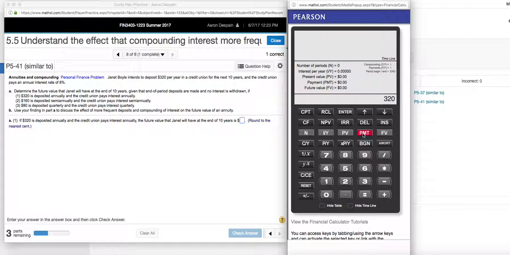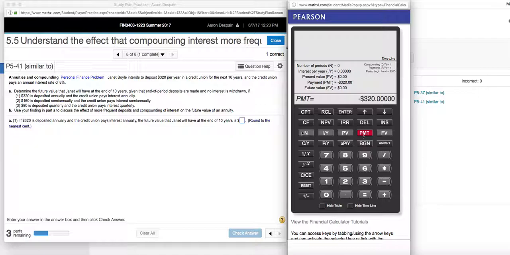And the future figure is the amount that you're receiving back. So think of it theoretically as money out of your pocket or out of your account to invest in something. So up front it's a negative, but you're getting that money with interest back in the future, and that will be a positive. So for payment, I will enter it as a negative.